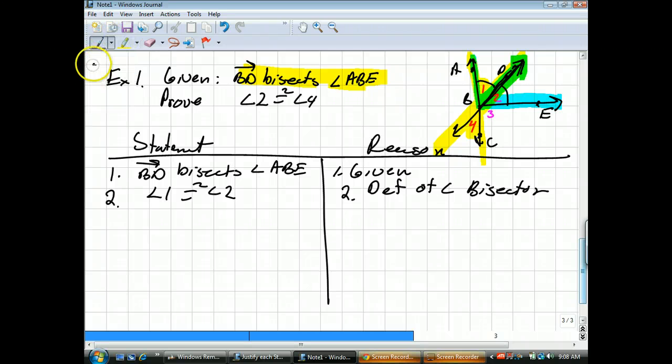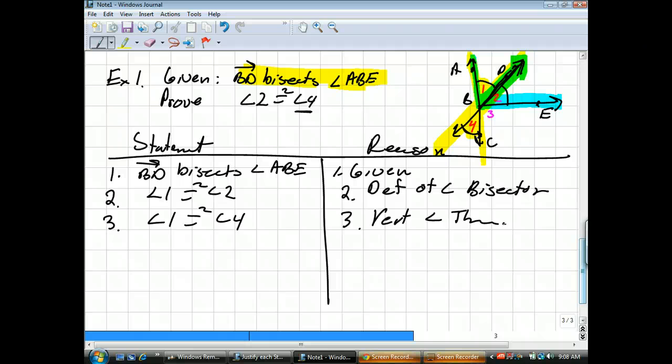Well, we know they're congruent, and I need to introduce angle 4 into the statement column because I'm trying to get angle 4 in there to prove. So I can say angle 1 is congruent to angle 4 by the vertical angle theorem, or just saying vertical angles are congruent. Okay?